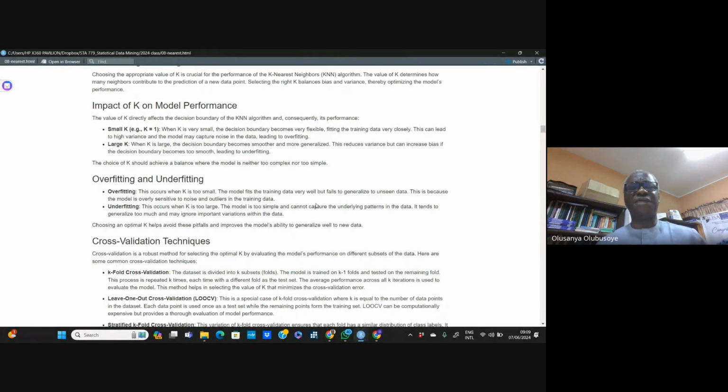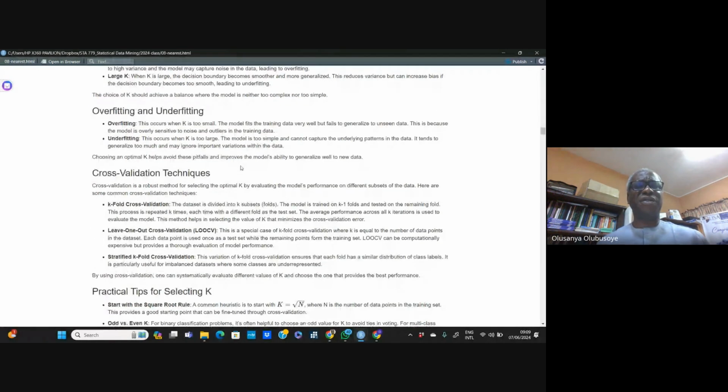That leads to overfitting. If you choose large K, then that could lead to underfitting. The bias will be high, the variance will be small. So you need something between small and large, and that's the optimal K.